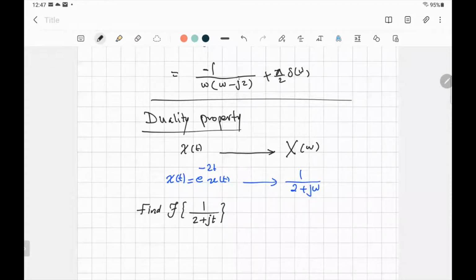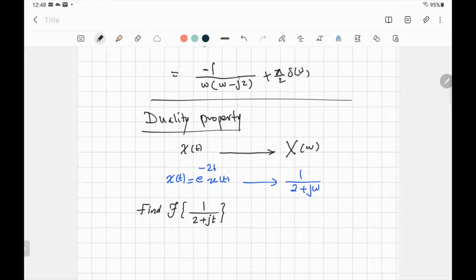So now I'm asking you, find the Fourier transform of 1 over 2 plus jt. If you go to the table, you'll not find it. If you do integration, imagine multiplying 1 over 2 plus jt times e to the power minus j omega t, integrating with respect to t.